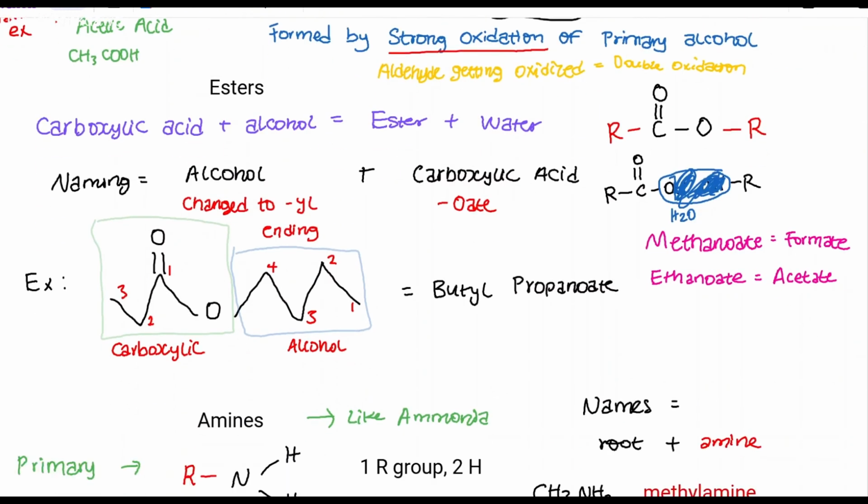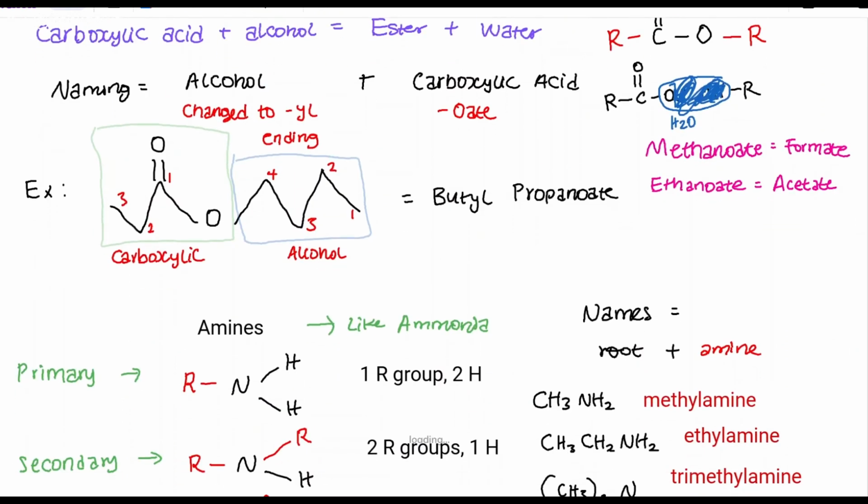Anyways, we're on esters now. Esters are probably the hardest of all functional groups to name, because you have to combine 2 different things. So remember, in esters, it's 2 different R's. So this R and this R connected with 1 oxygen in the middle. And to name it, you have to name the 2 different groups that are connected. So you have to name the carboxylic part and the alcoholic part.